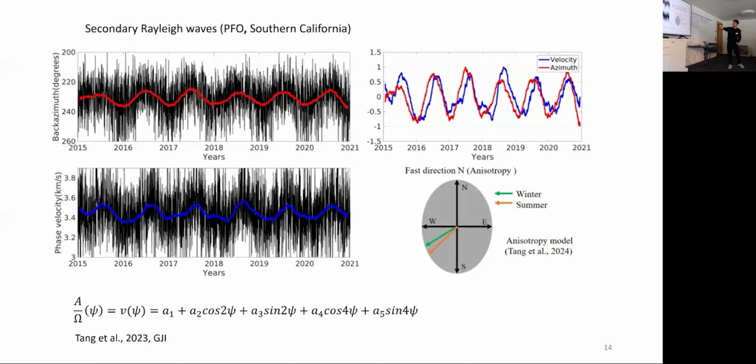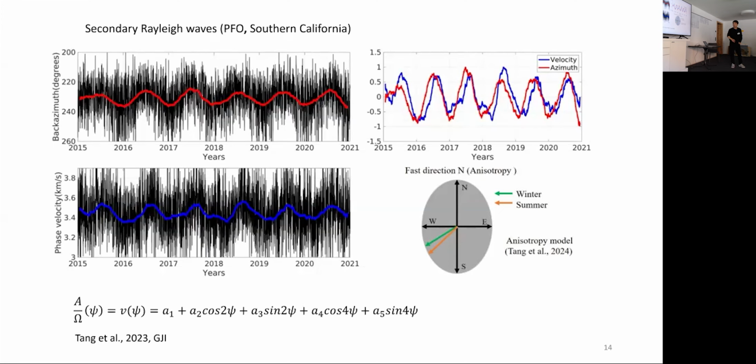So we compare the velocity variation with our local anisotropy model. In the winter, there is a large back azimuth but a smaller phase velocity, and in the summer a smaller back azimuth and larger phase velocity. So it matches the anisotropy model. That's why we think the larger velocity variation is because of noise variation.